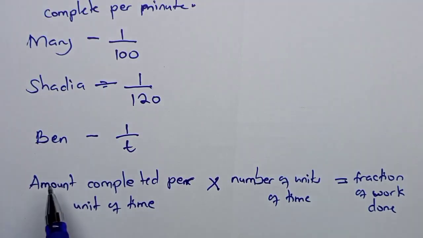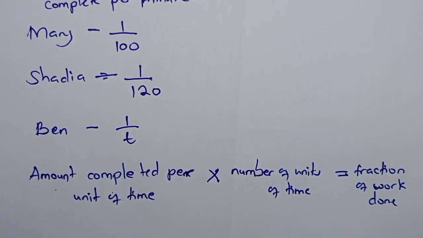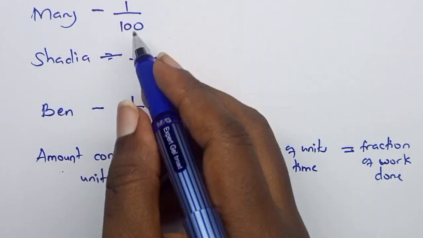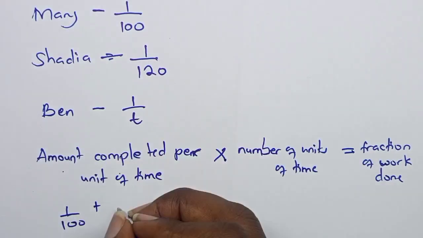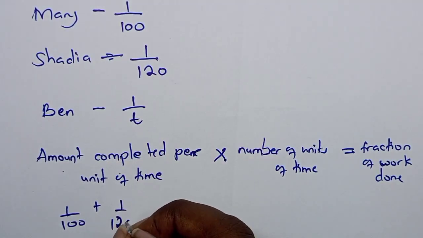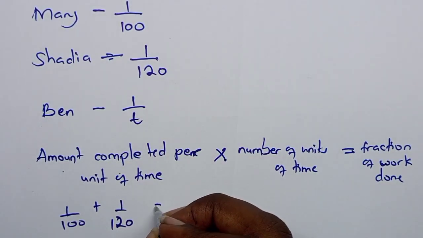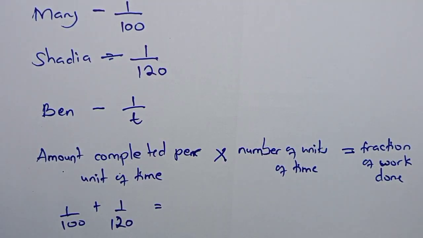So Mary and Shadia together complete 1 over 100 plus 1 over 120 in 1 minute.